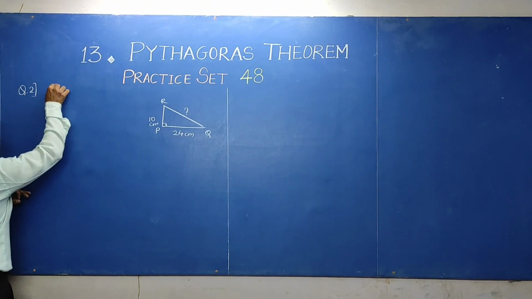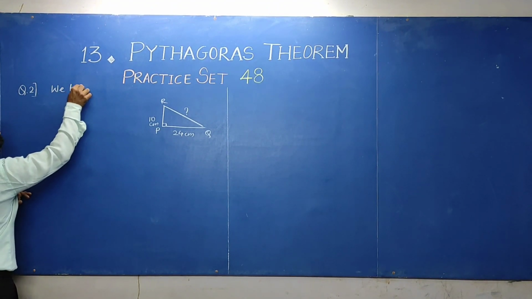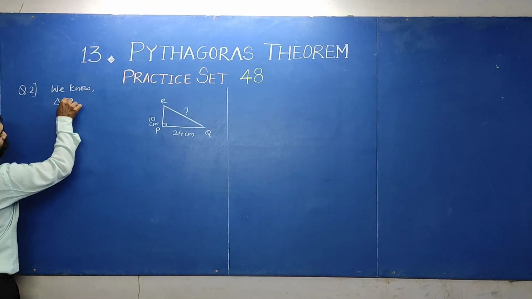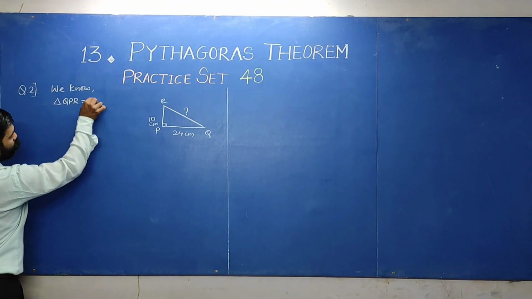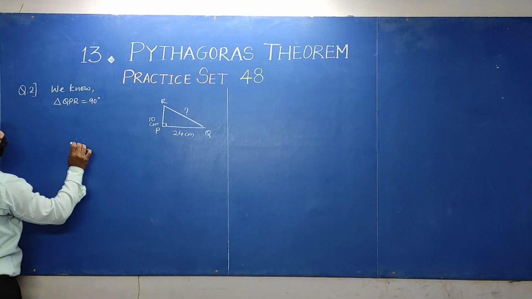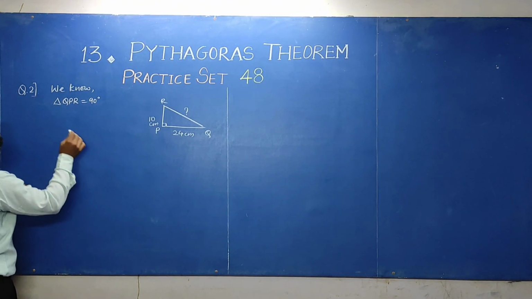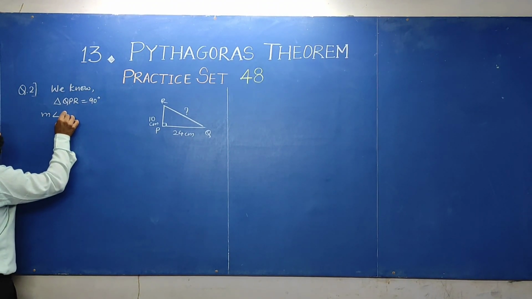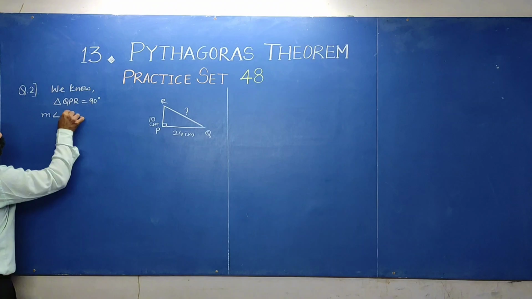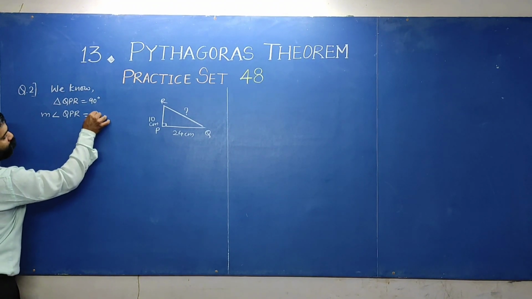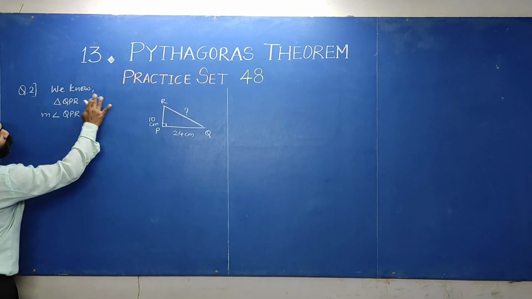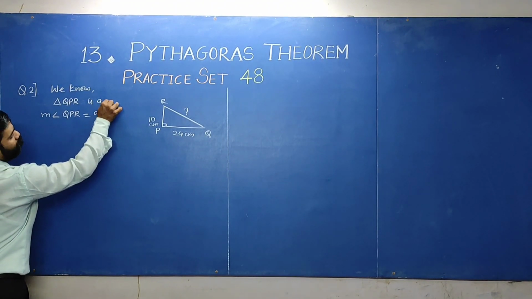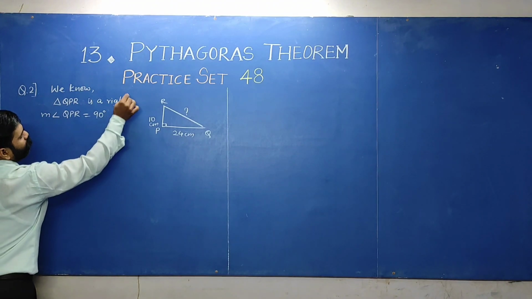We know measure of angle QPR is equal to 90 degrees. Here we can write that triangle QPR is right angled.